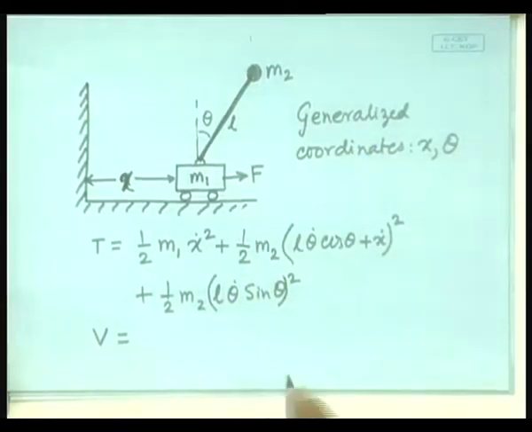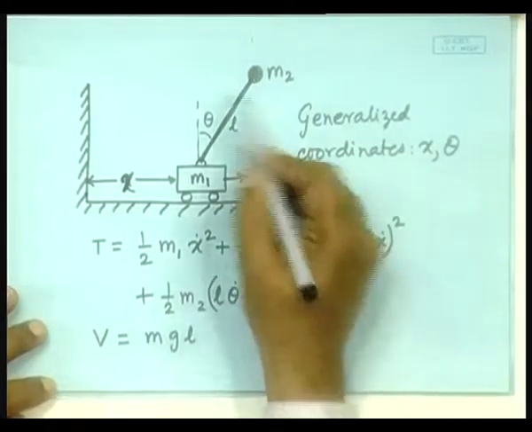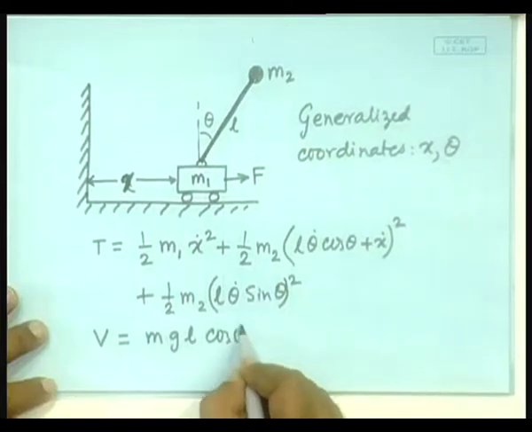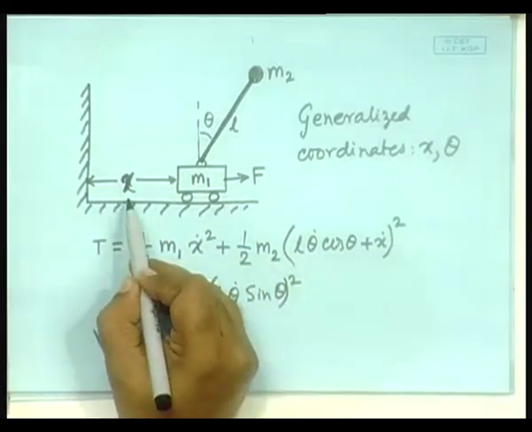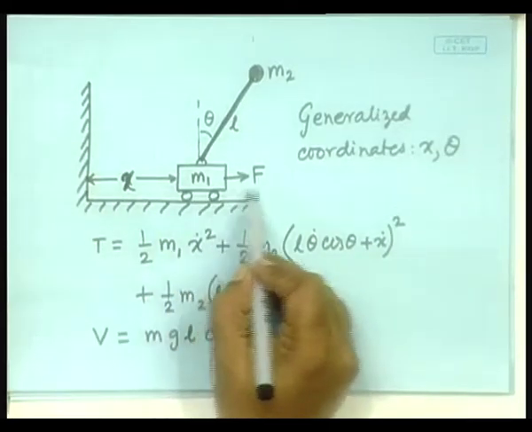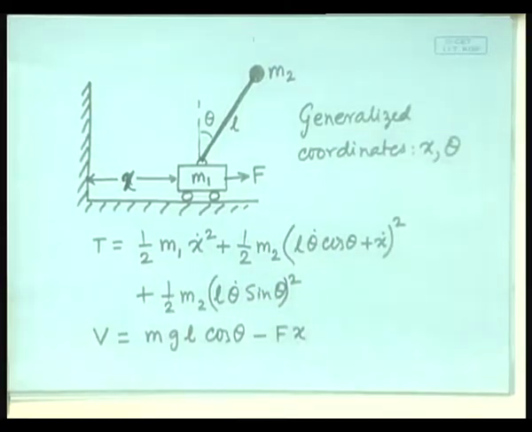It would be m g L cos theta. Now, F is being applied in the direction of x. X increases in this direction, F is also applied in this direction. So, it will be minus F x. Clear?